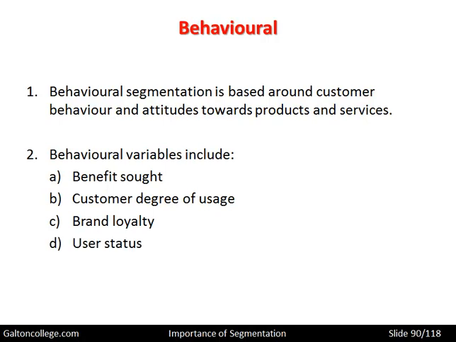What's the user status? The user status can be analyzed in various ways. The status of the person in terms of income, social status, or it could be in terms of age, the status of the person in terms of their position in the community, the type of person they are, the average education level within that segment, where they live.